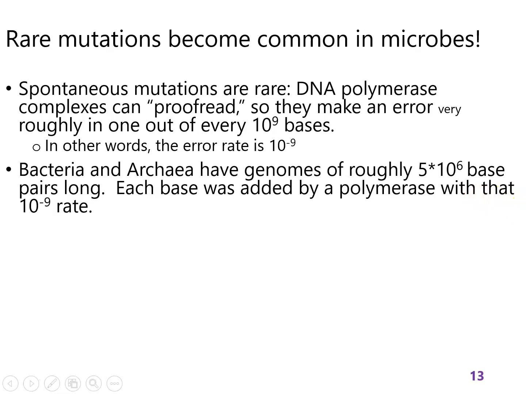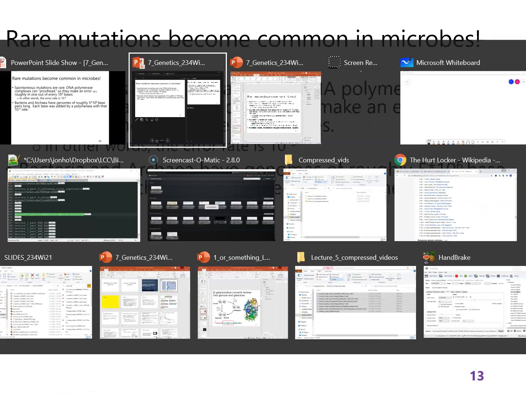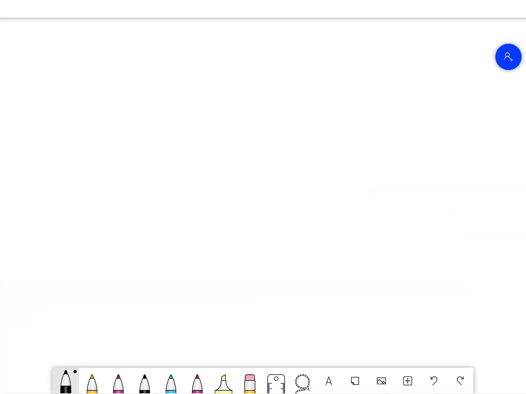So what do we do with these numbers? Well, let's look at it. Our 2 numbers are one error per 10 to the 9th bases.